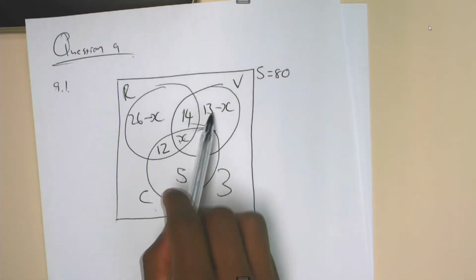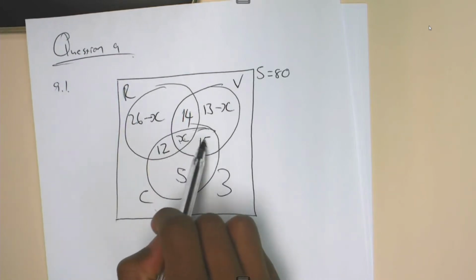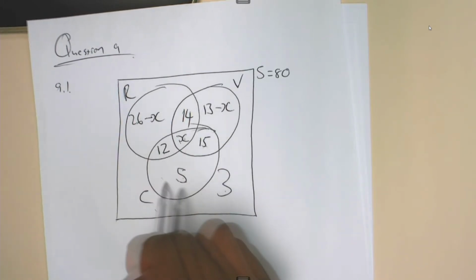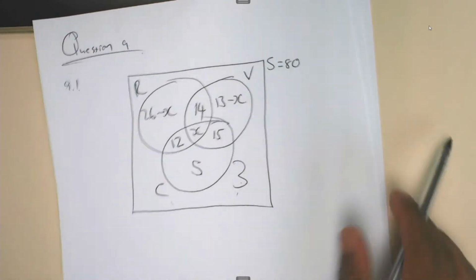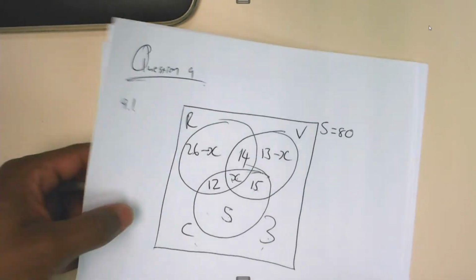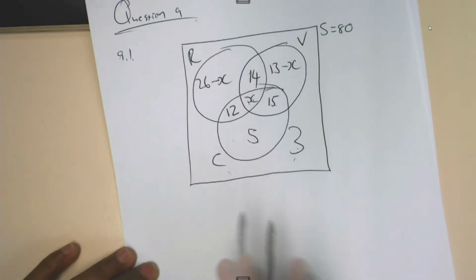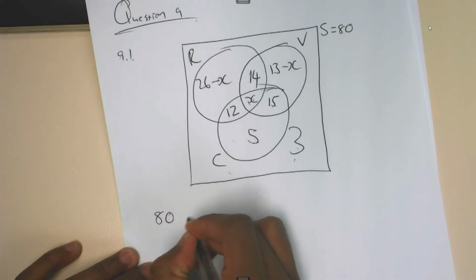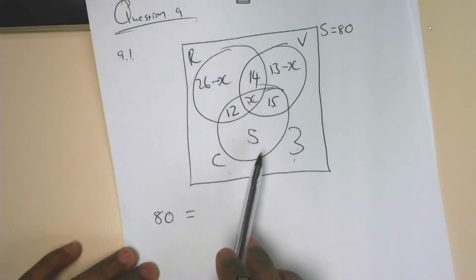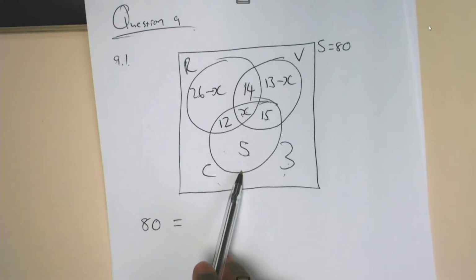That means when I add all the number of learners in every single region, it should equate to 80 learners. So it's a basic algebraic equation that we are going to use here. We know that all these 80 learners will be the sum of all the events inside our Venn diagram.